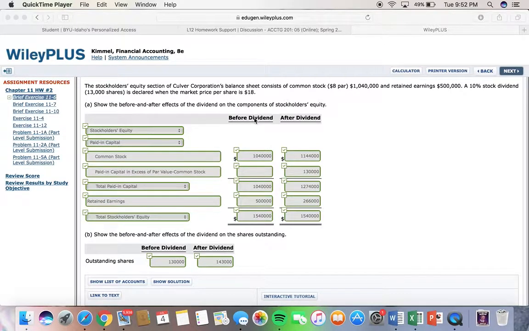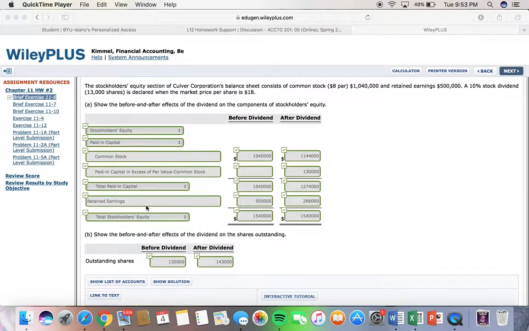So we will take the $10 excess times the 13,000 shares, which is given right here, and that will bring us to $130,000. Now we will add this to the common stock after the dividend, which will bring us to a total paid-in capital of $1,274,000. So far, hopefully I didn't lose anybody yet.